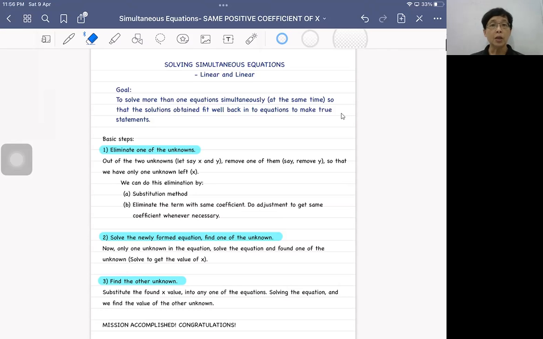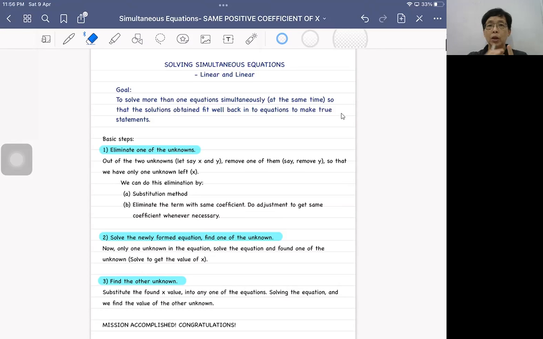The first step is the most important, where you set the context right for you to go on to steps 2 and 3. Step 1 is elimination. When the simultaneous equations give you two unknowns, step 1 sets the stage right, where you eliminate one of the unknowns.